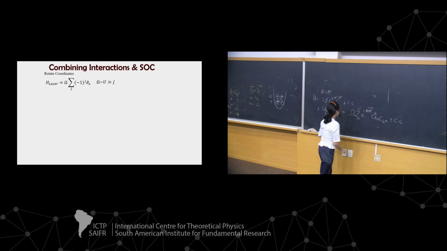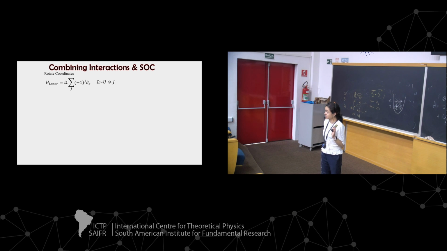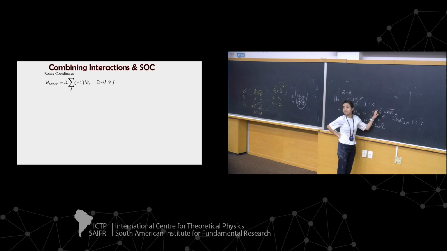I'm going to work in the regime where J is much smaller than U and omega. This is the regime: tunneling much smaller than omega and U. But in contrast to before, where omega was very weak, I'm going to keep omega on all the time during the dynamics, the drive that is transferring spins from down to up all the time, but it has a phase that changes by pi every other lattice site. Is it clear?